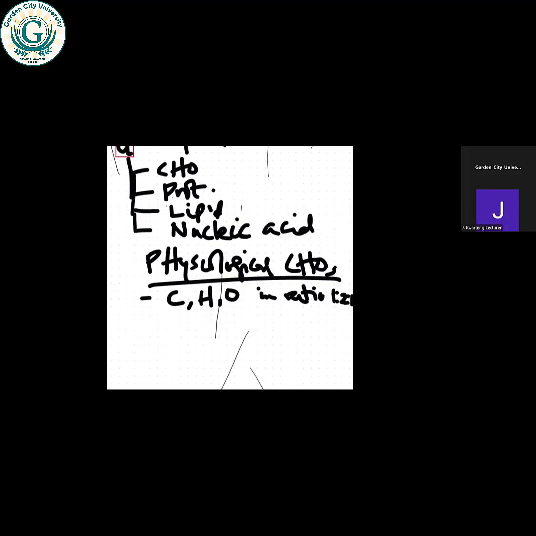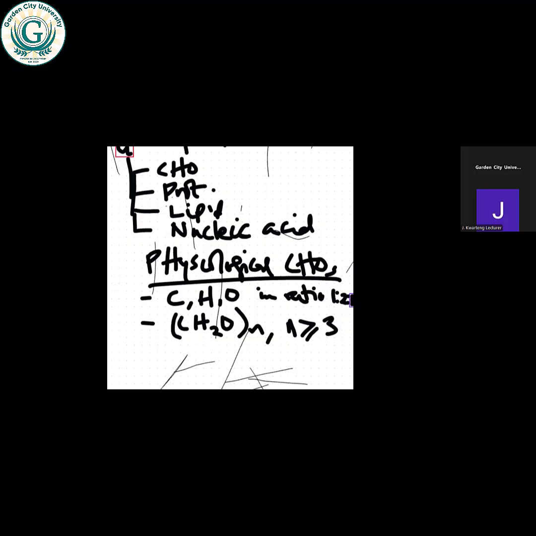In other words, they conform to the general molecular formula (CH2O)n, where n is greater than or equal to 3.